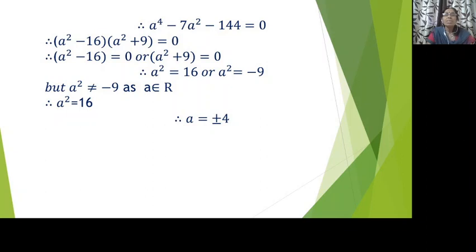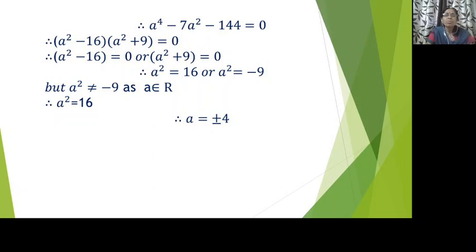This is a quadratic equation in a square. We can factorize this as (a square minus 16) as the first bracket and (a square plus 9) as the second bracket, equal to 0. This gives a square minus 16 equal to 0 or a square plus 9 equal to 0.